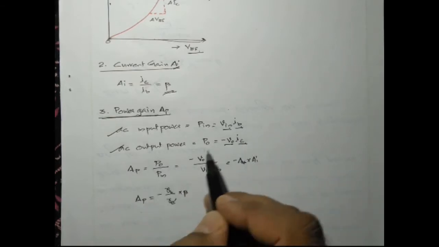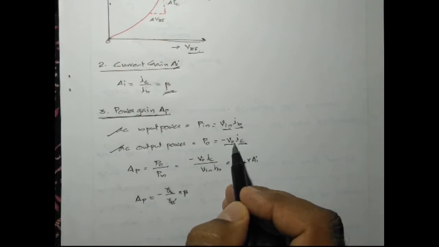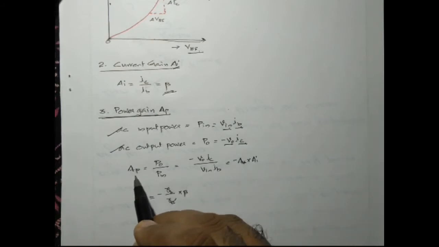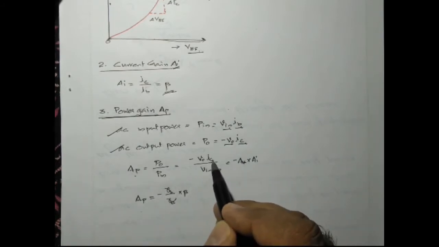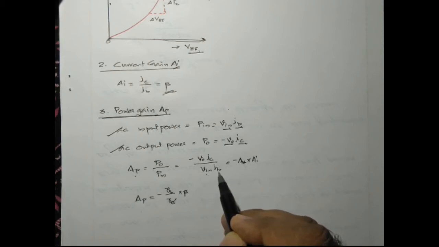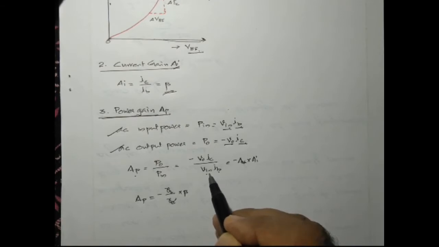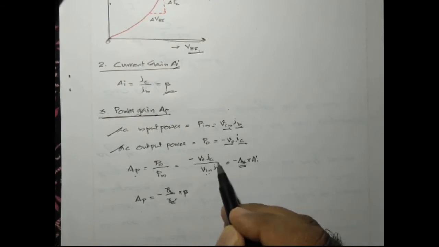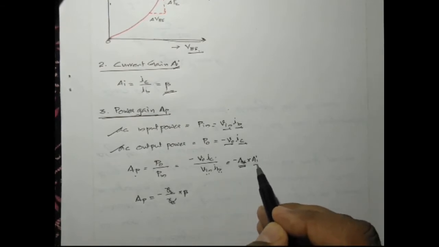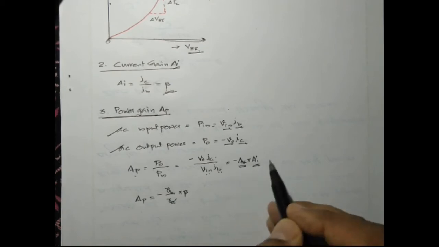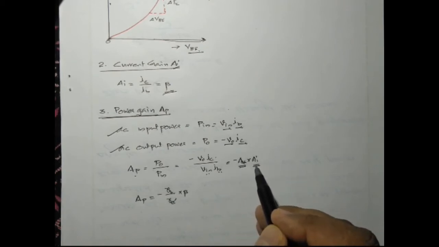Applying these two equations, we find AP as minus Vo into IC by Vin into IB. But Vo by Vin is AV, the voltage gain, and IC by IB is the current gain, AI. So we get it as minus AV into AI.